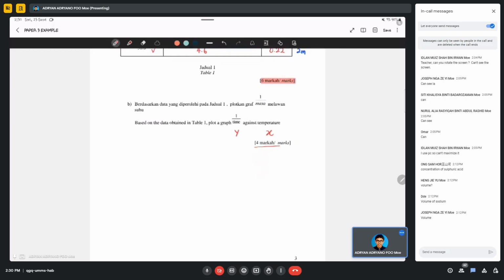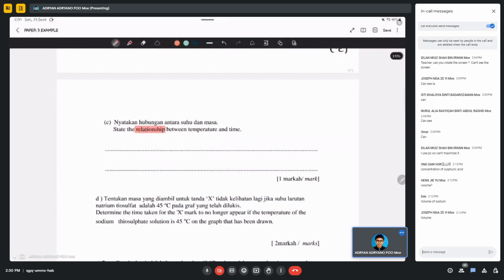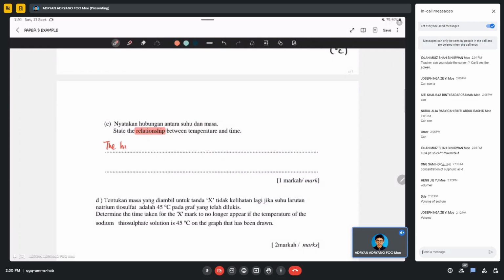It becomes shorter. So my answer straight away: the higher the temperature, the shorter the time taken for mark X to disappear.